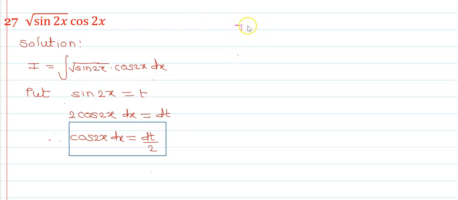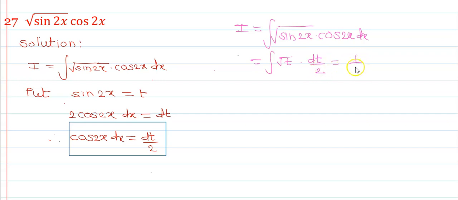I is equal to the integral of root of sin of 2x into cos of 2x dx, and this equals the integral of root t, with cos of 2x into dx being dt upon 2, again 1 upon 2 root t into dt.